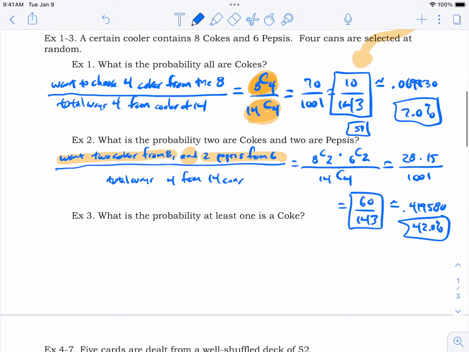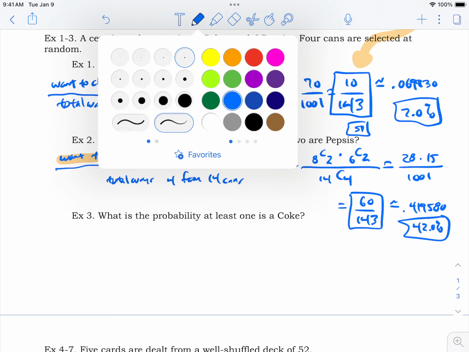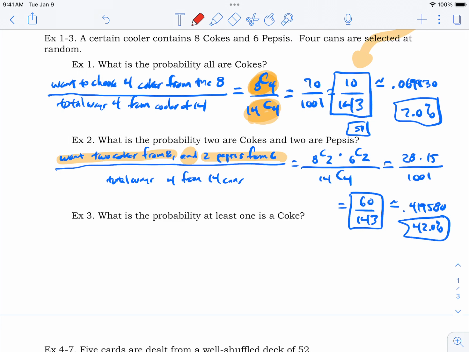What's this other one? Probability at least 1 is a Coke. At least 1 is a Coke. Okay, well, I'm going to take a cue from some stuff we did earlier. Remember the complement rule? The at least 1 rule.